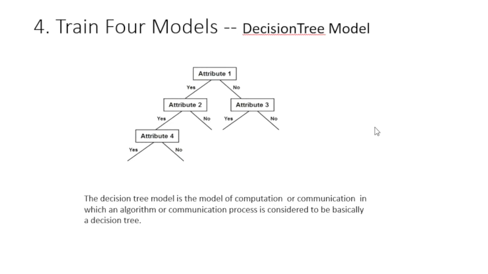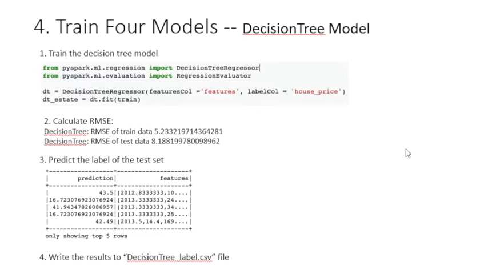For the decision tree model, we do the same 4 steps. First is to train the tree model. Just import the decision tree regressor package from Spark, fit the model, calculate the root mean square error, get the prediction, and then write the result.